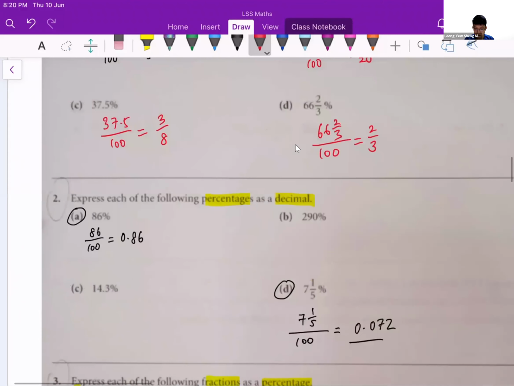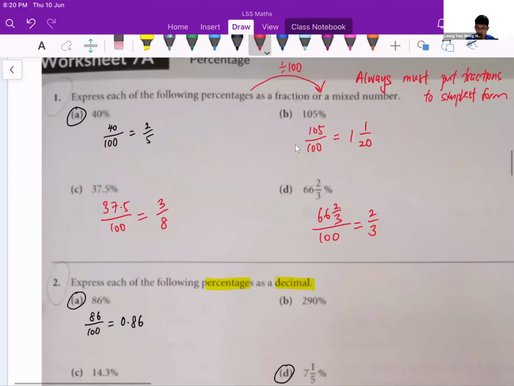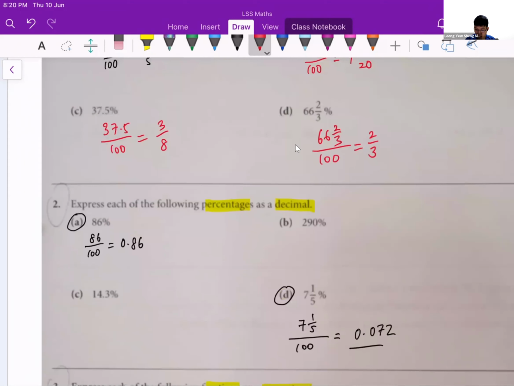Okay, so for percentage to decimal, also the same. All you need to do is divide by 100. For this case, 290 divided by 100 will give you 2.9. 14.3 divided by 100 will give you 0.143. So just use your calculator to help you convert. So that's all for the first learning objective. Thank you.